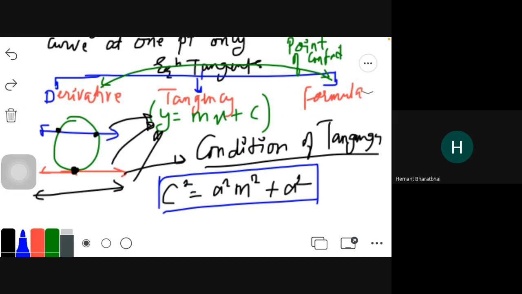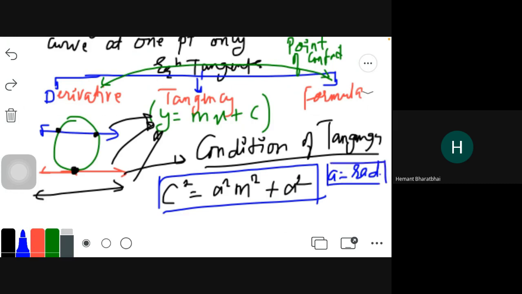So from where will you get c? From the equation of the line. From where will you get m? From the equation of the line. And from where will you get a? From the equation of the circle. This a is nothing but the radius.